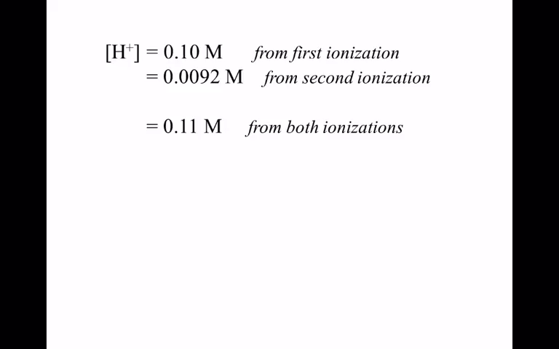If we're adding, we round according to decimals, and we're limited to just 2 decimals here. So when we round to 2 decimals, instead of the first ionization bringing you a molar concentration of 0.10, you get 0.11. Okay, so that would be the answer. And you would get 0.11 regardless of which one you went with.